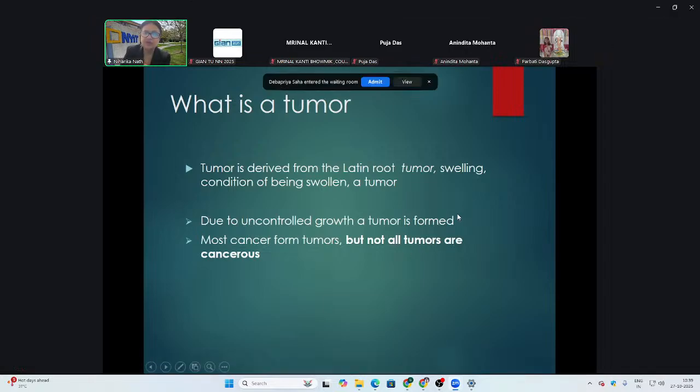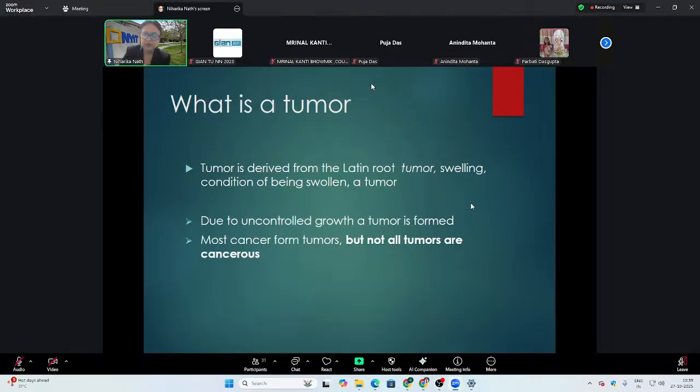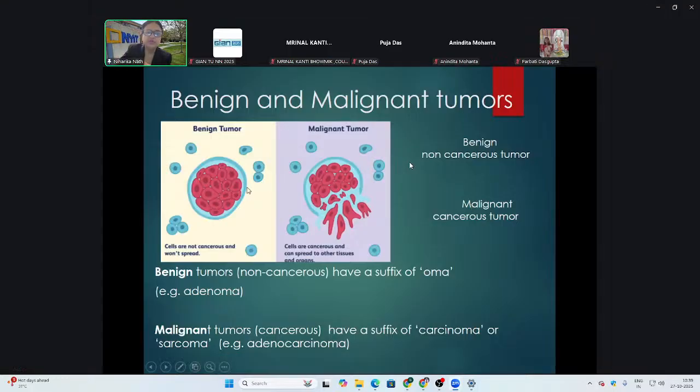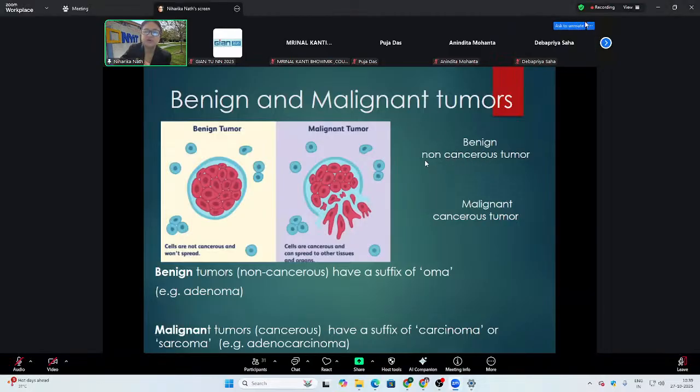So let's look at a couple. A tumor, if it is benign, then it won't spread. A benign tumor is non-cancerous. When I use the word cancerous, that means it has to spread, and if it's non-cancerous, then it will not spread.